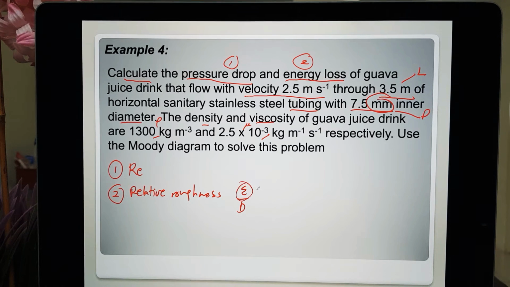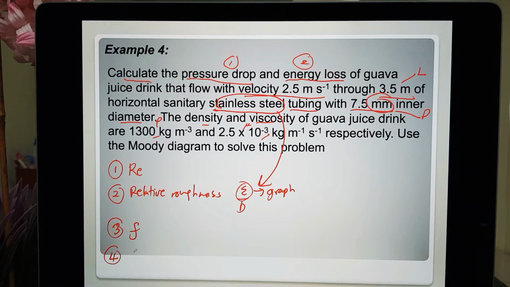This epsilon you get from the graph. Can you see that the material is given as stainless steel? So you need to look for the value of epsilon for stainless steel. And then the third step, you need to get the value of friction factor.